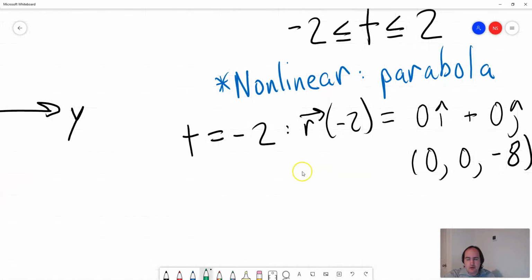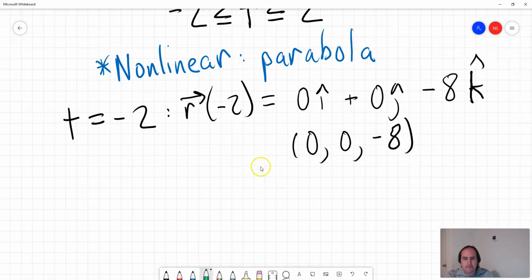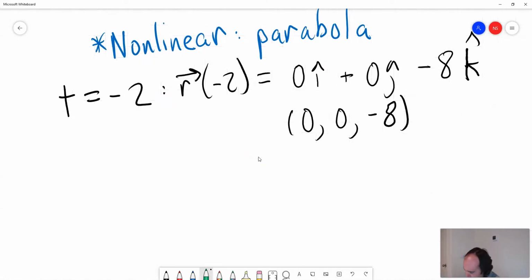Okay, so let's do t equals 0. Since we're starting at -2 and we're ending at +2, halfway is going to be at t equals 0. So for our next point, we're going to go ahead and do t equals 0.